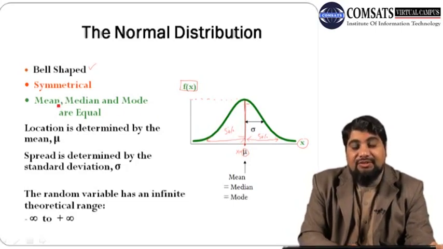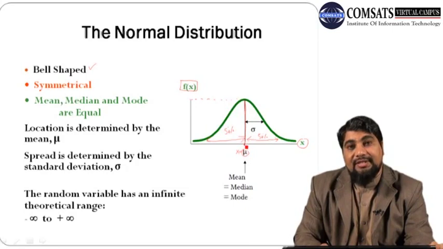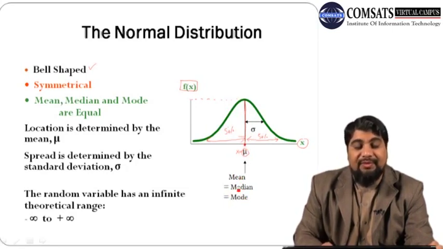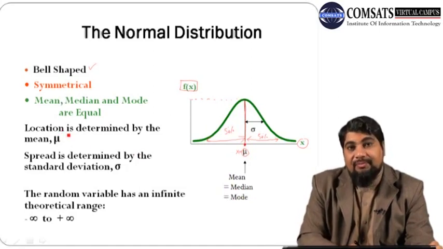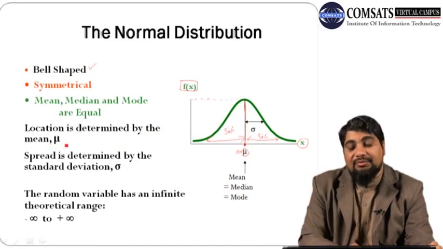And in the case of the normal distribution, the mean, median and mode are all equal. Here is the mean, and the median also occurs at this point, and similarly the mode occurs at the same point. So the mean is the same as the median, which is the same as the mode. The location of the distribution is determined by the mean mu.